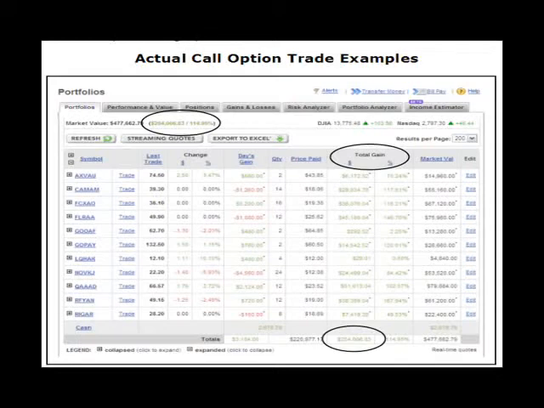As you can see, this call option portfolio has a $254,000 profit and an average return of 114% with no losing trades. Now, in this portfolio, I traded as many as 24 option contracts. Trading one contract would require considerably less trading capital for smaller trading accounts.